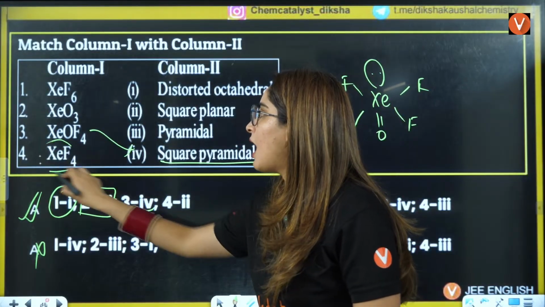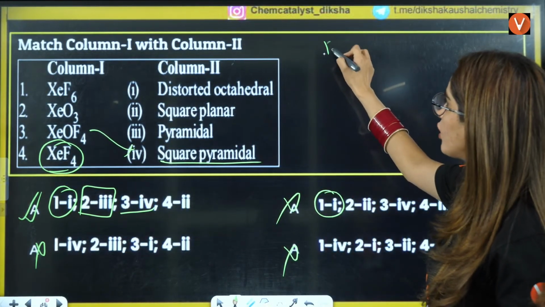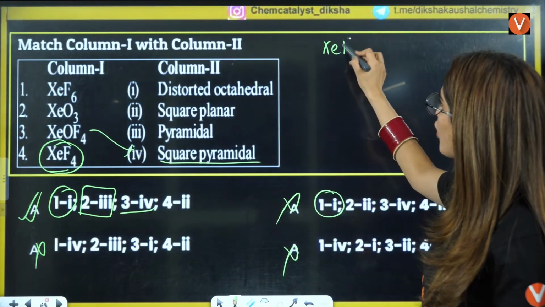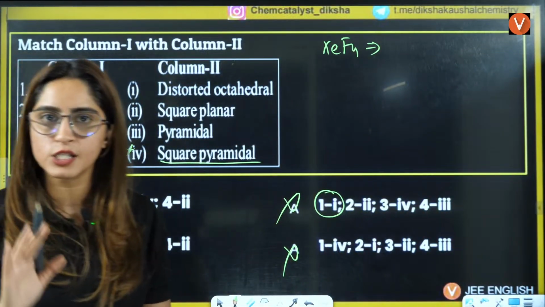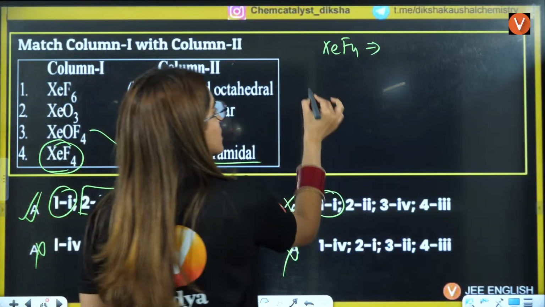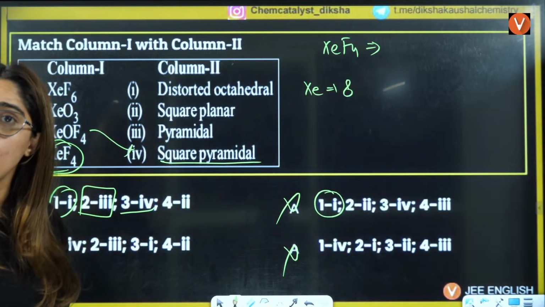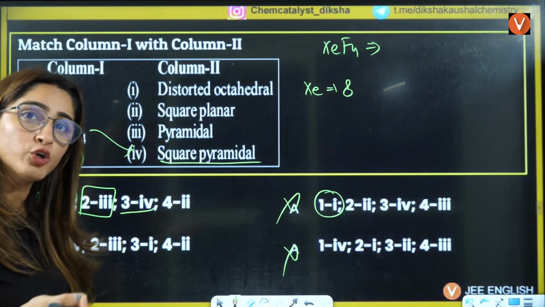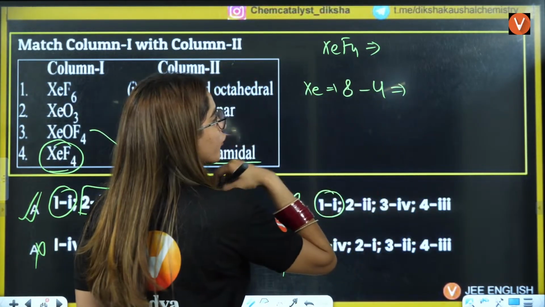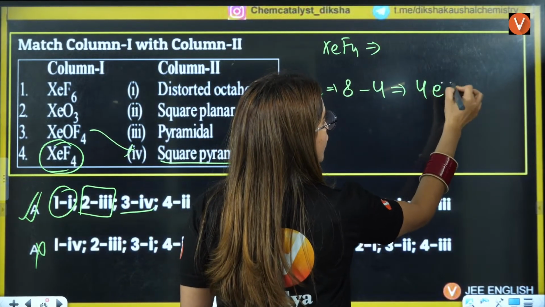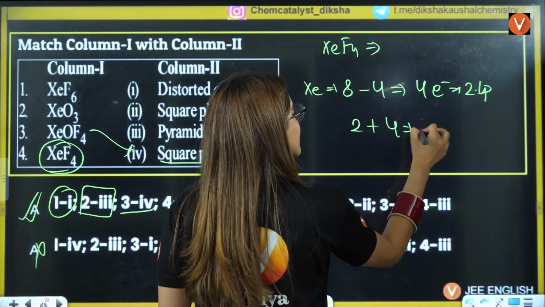Last is XeF4. Don't worry, all the diagrams we have drawn on the next page. Don't worry why I'm erasing this, I'm just solving this for you, right? Xenon has 8 outermost electrons because it belongs to noble gas, group 18. 4 electrons are involved in bond formation, that means 2 lone pairs. 2 lone pairs plus 4 bond pairs is 6.